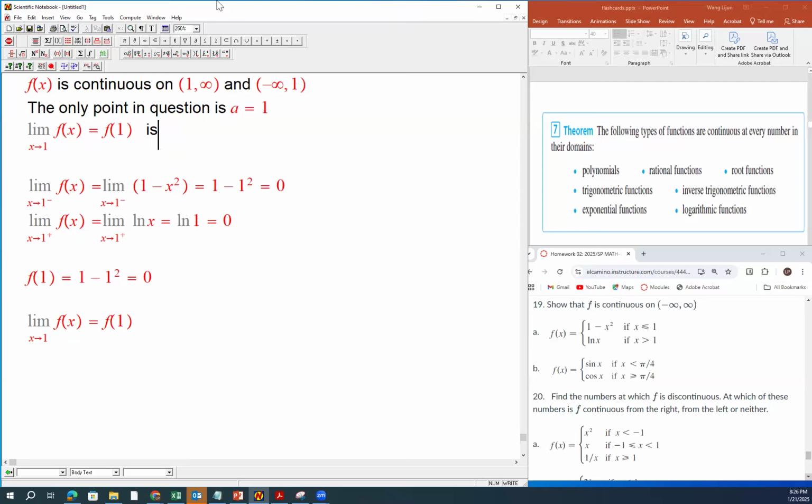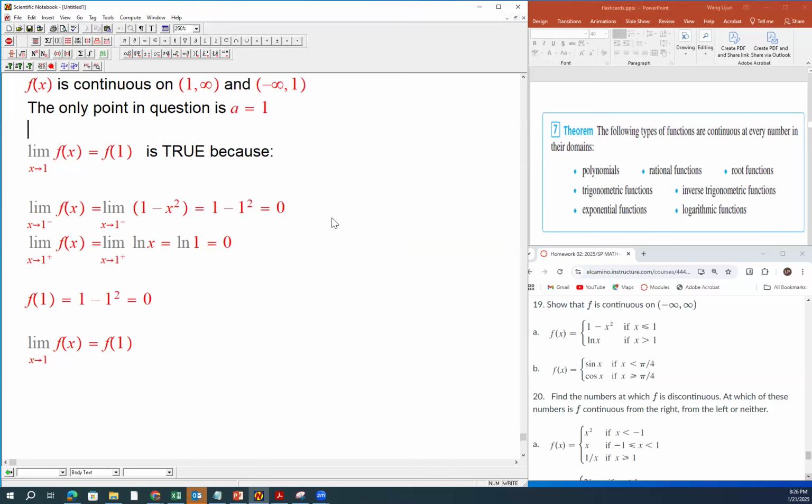When you write it up, you want to have proper context. You can declare it is true because of the limit from the left and the limit from the right, and you make that statement, then a conclusion, a closure.